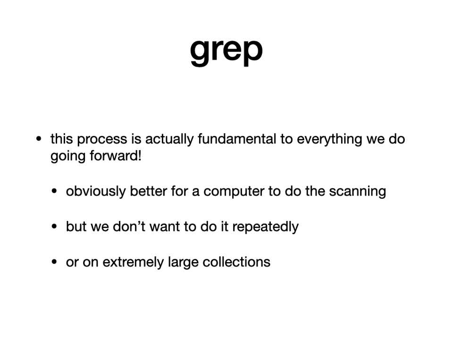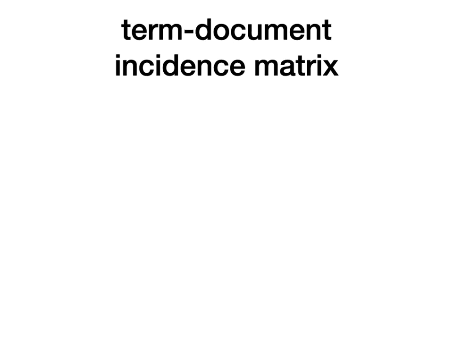So let's talk about term document incidence matrices. Indexing in general is the idea that we're going to front load all of this brute force work, all this search work into some kind of structure that will help us make sense of the documents, as opposed to just trying to do that same brute search every time we need something.